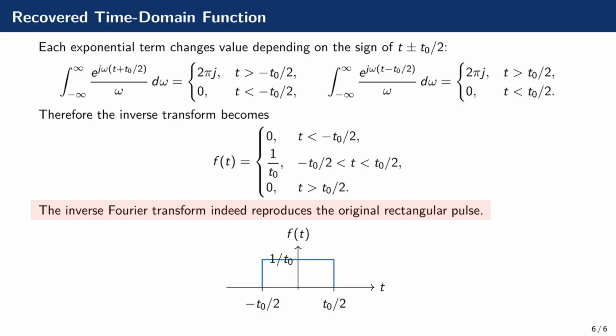Therefore, we recover exactly the original function. In other words, the inverse Fourier transform of the sinc-type spectrum returns the original rectangular pulse. This example clearly shows how the Fourier transform and the inverse Fourier transform work together, and why the original waveform is recovered correctly.